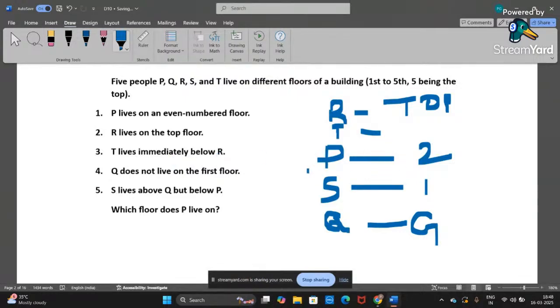So the answer is... what do we have to find? Which floor does P live on? That is the second floor.